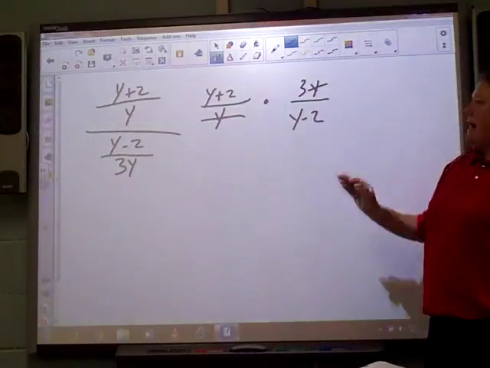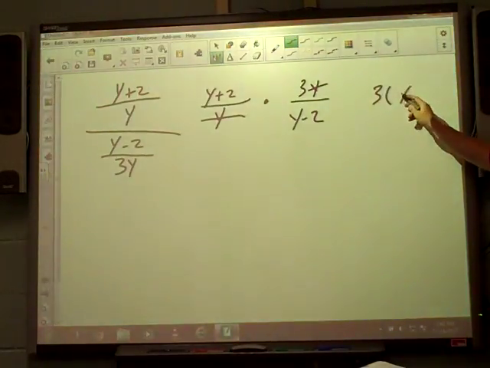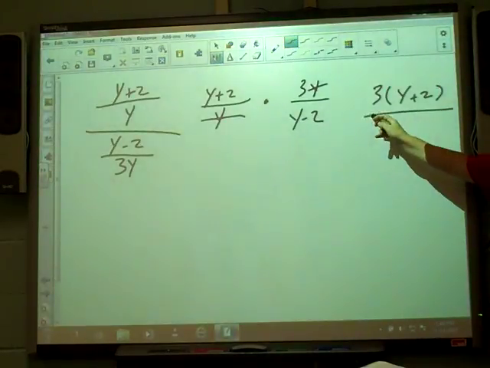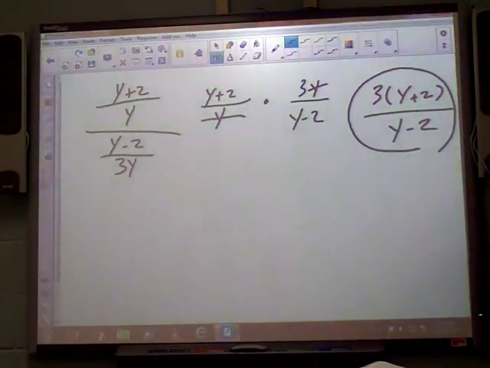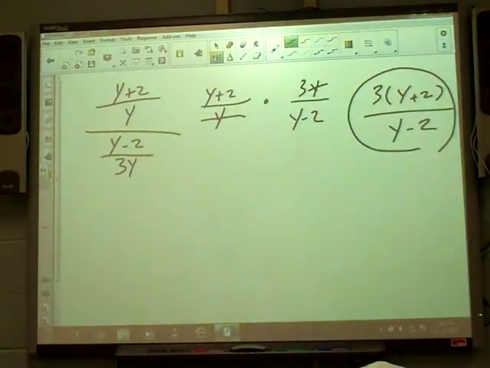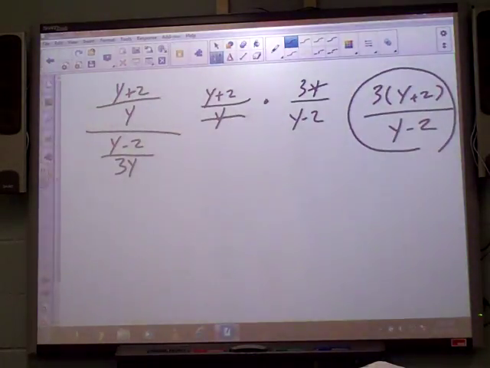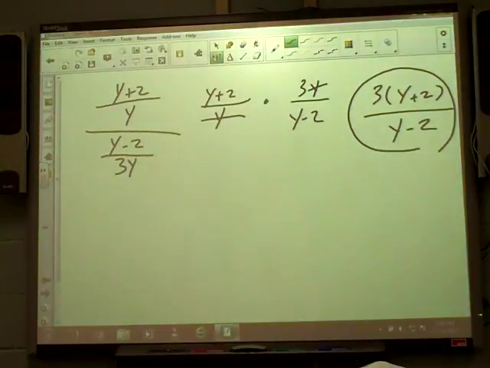So all I've got left on top is 3 times (y plus 2), and on bottom, y minus 2. I'm done. If you want to distribute the 3, you can. I don't unless I can't find a choice and I need to go farther. Some of these problems are going to take a while, so I don't do extra work on them unless I have to. That one's pretty basic, pretty straightforward. It was ready to go.